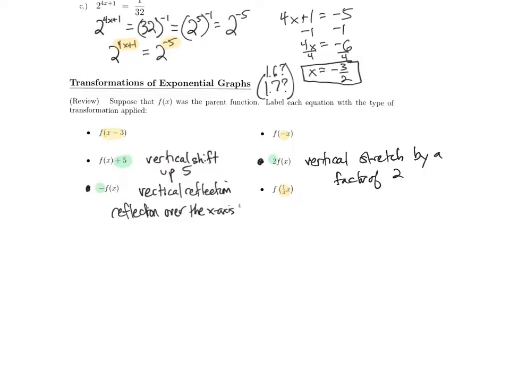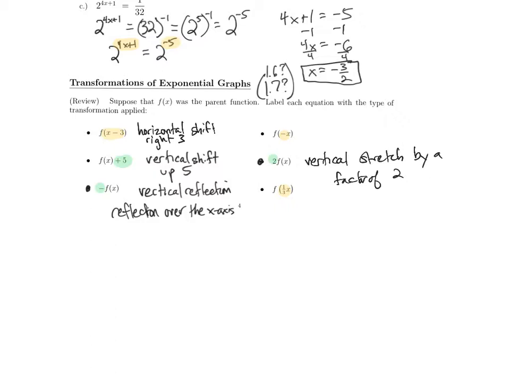Now, if we look at the horizontal transformations, shifts go with addition and subtraction, the negative sign makes a reflection, and the multiplying makes a stretch or compression. Just remember that all the horizontal ones are sort of doing the opposite of what you'd expect. So for this one, it's not going to shift you left 3 the way you might expect, because horizontal is always opposite of what you expect. So it's a horizontal shift right 3.